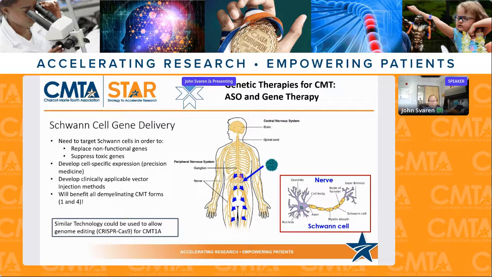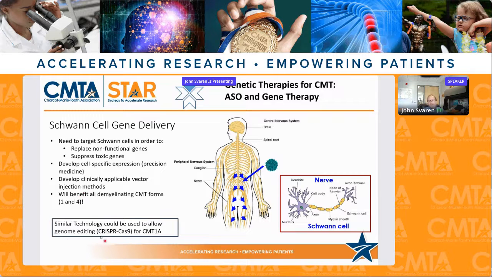But there are many approaches that are being tested right now. And if we can develop ways to deliver this effectively, this will benefit not only CMT1A, but also many other forms of CMT, including CMT1B and CMT1X and some types of CMT4.